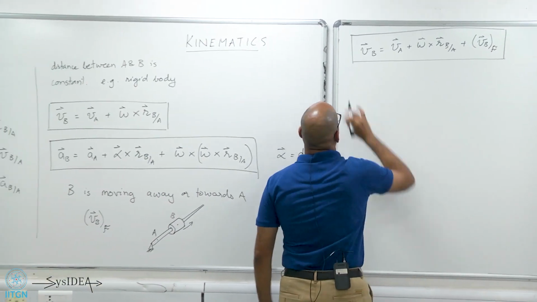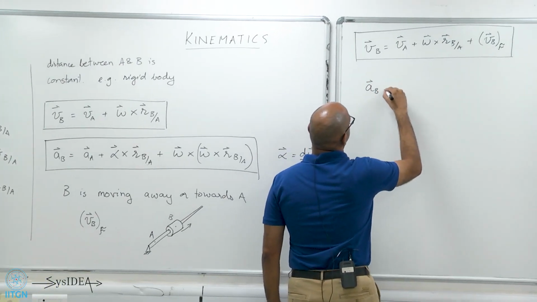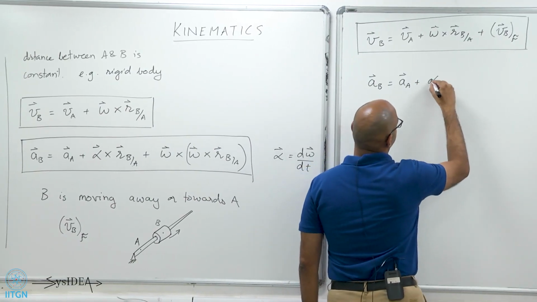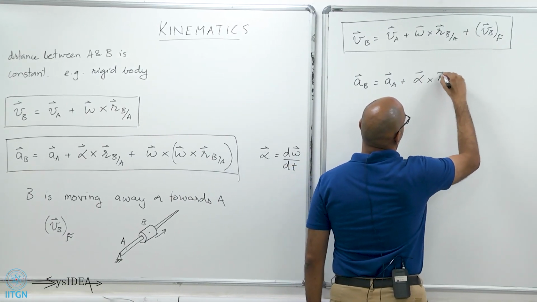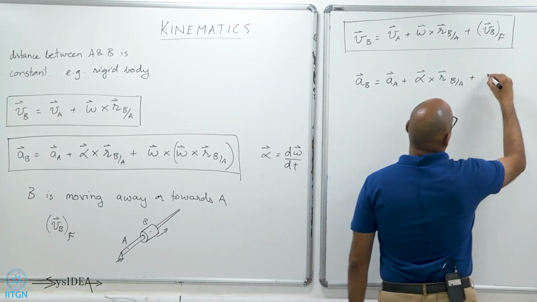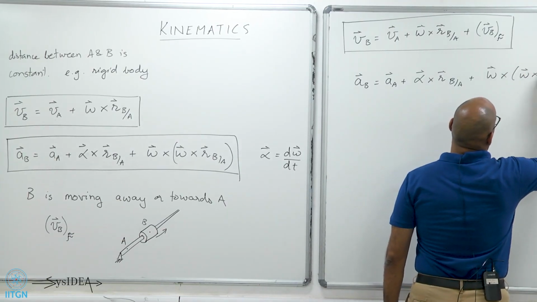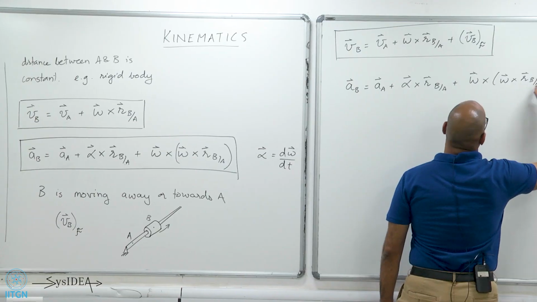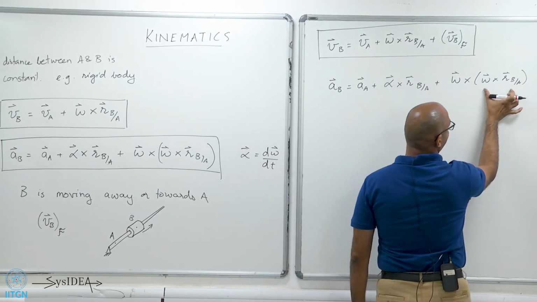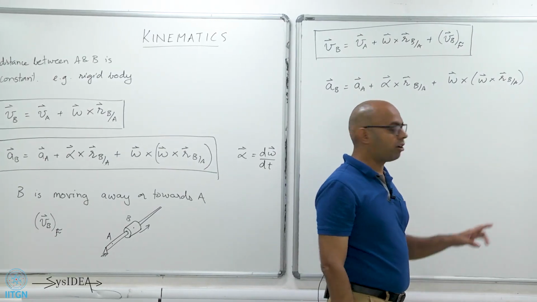once more, then we would get acceleration of B is equal to acceleration of A plus the same thing as earlier, which is alpha cross R B with respect to A plus omega cross omega cross R B with respect to A. But remember, now in the derivative of this, you not only have this, because this was only valid when the distance between A and B is constant.